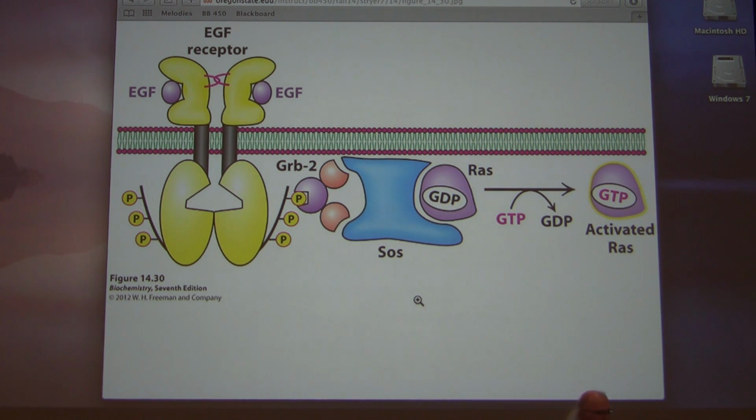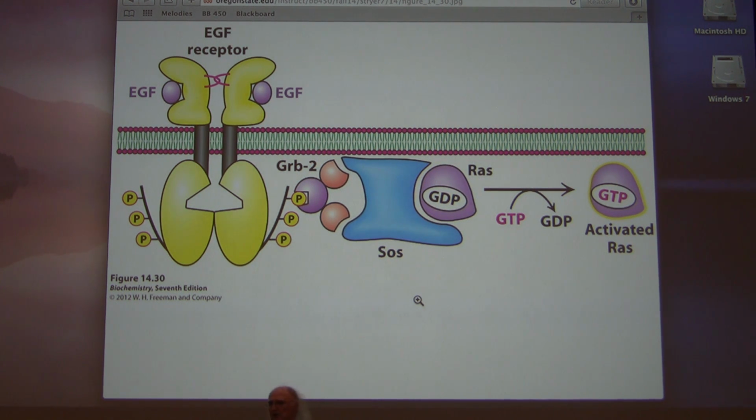Okay? So the first thing I'll tell you about RAS is something that we call a proto-oncogene. A proto-oncogene has a very nasty sounding name, but it turns out to be a pretty innocuous thing.